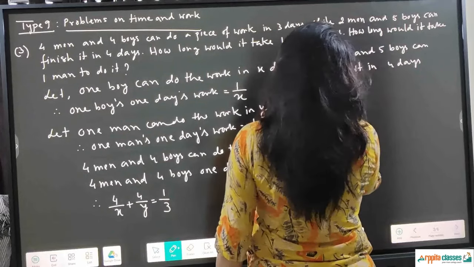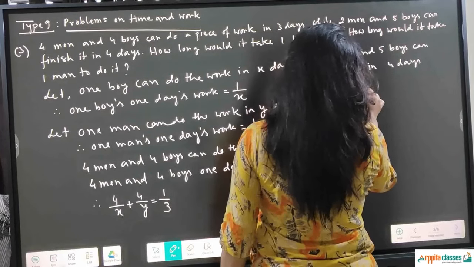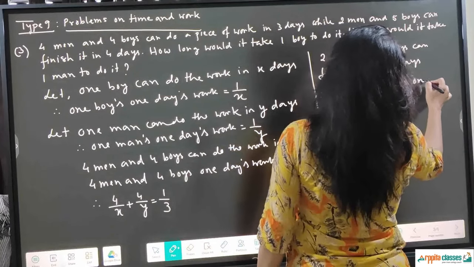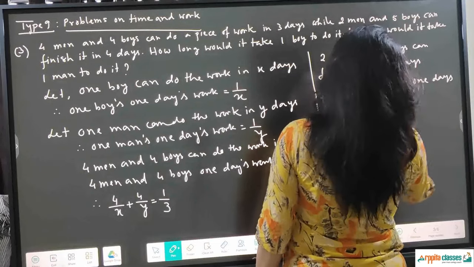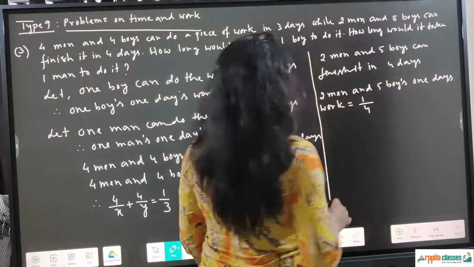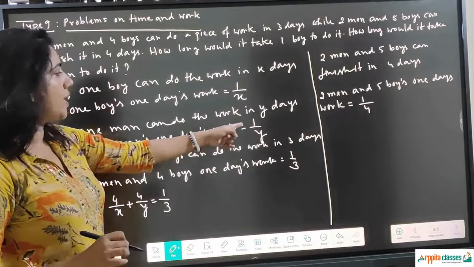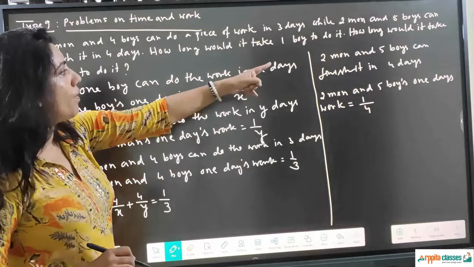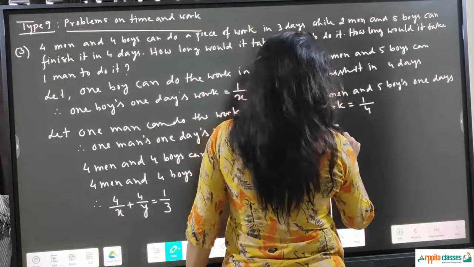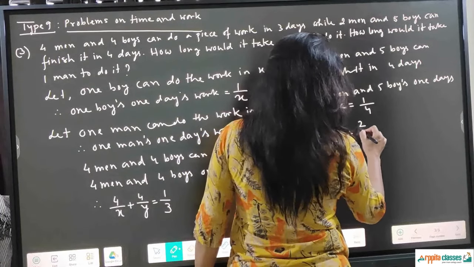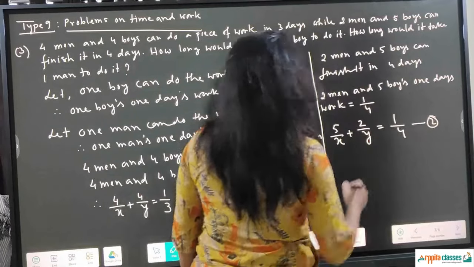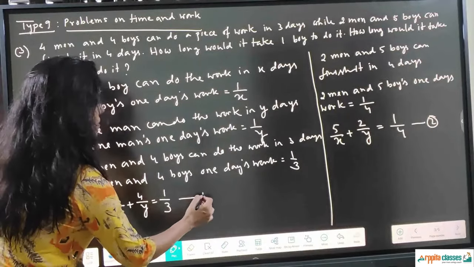So 2 men and 5 boys' 1 day's work is equal to 1 upon 4. And from here, 2 men's 1 day's work will be 2 upon y, 5 boys' 1 day's work will be 5 upon x. So 5 upon x plus 2 upon y will be equal to 1 by 4. This is my second equation. This is my first equation.